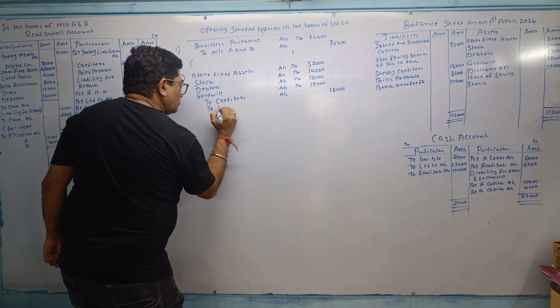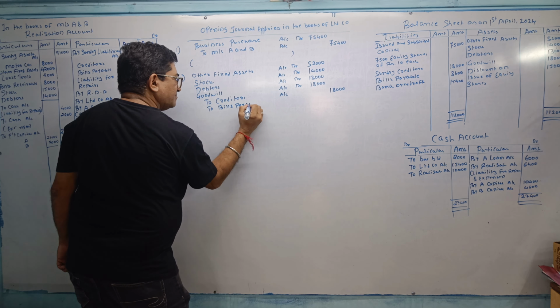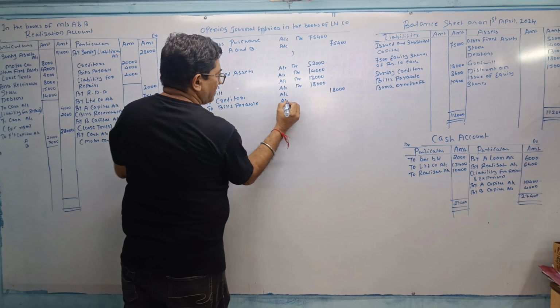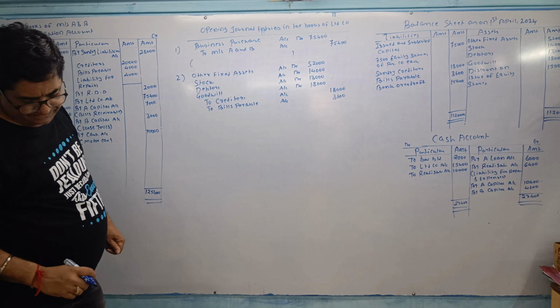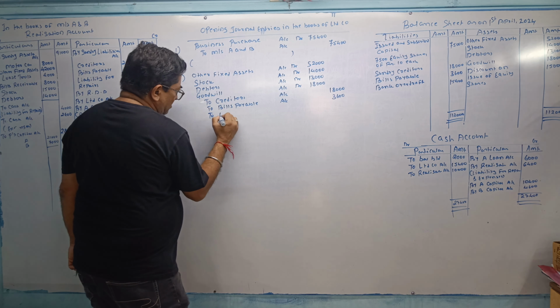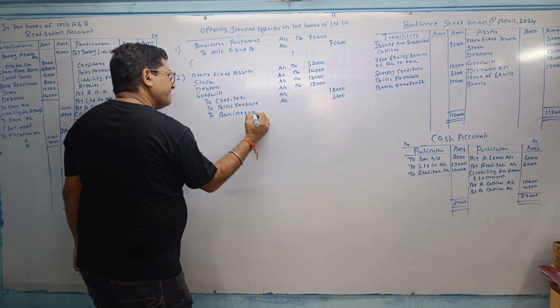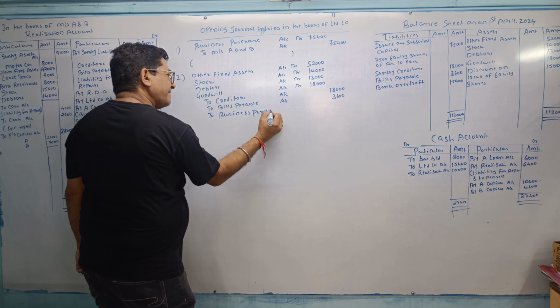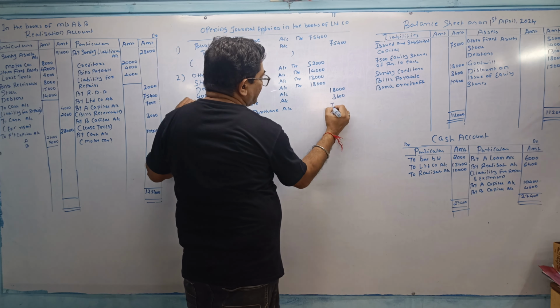To bills payable account 3,600, right? To business purchase account 75,400.